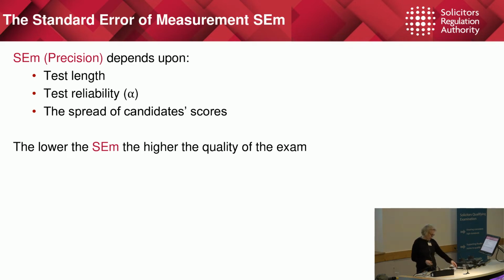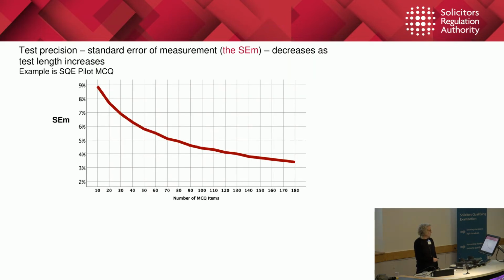And again, we can illustrate it from the pilot MCT, where you can see that the standard error of measurement decreases as the test length increases. This is going up to 180 items along the bottom, and on the other axis we've got the standard error of measurement. A standard error of measurement of about 9% would be totally unacceptable. It means you don't know what their true score is within a very big range.